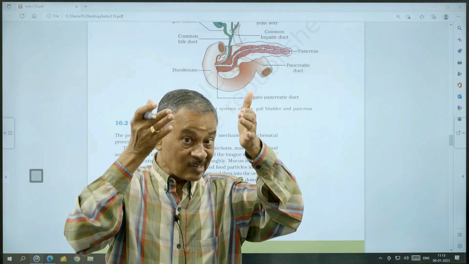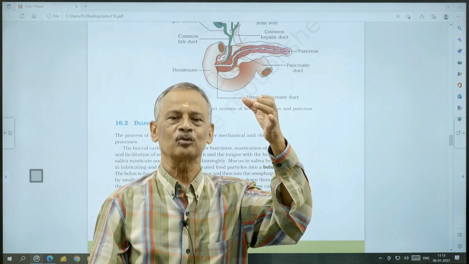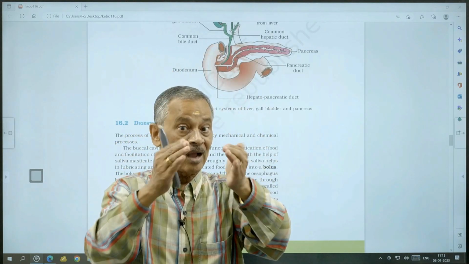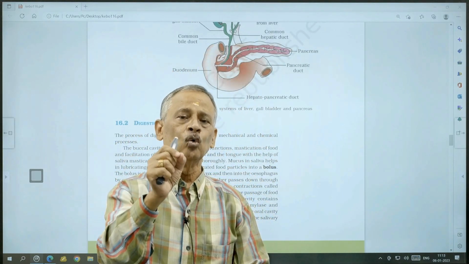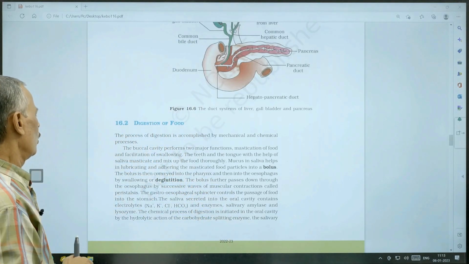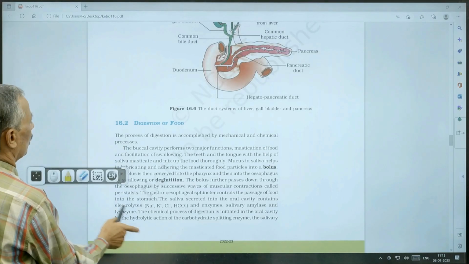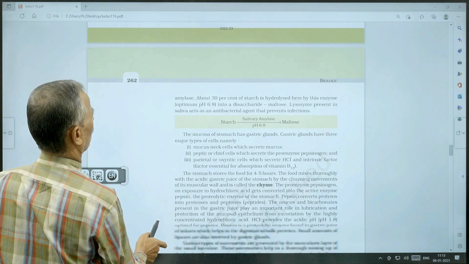So, food is conducted. Don't think that food is simply falling through the tube. No, food is conducted through the walls of the esophagus to the stomach. And in the stomach, the next stage of digestion occurs.